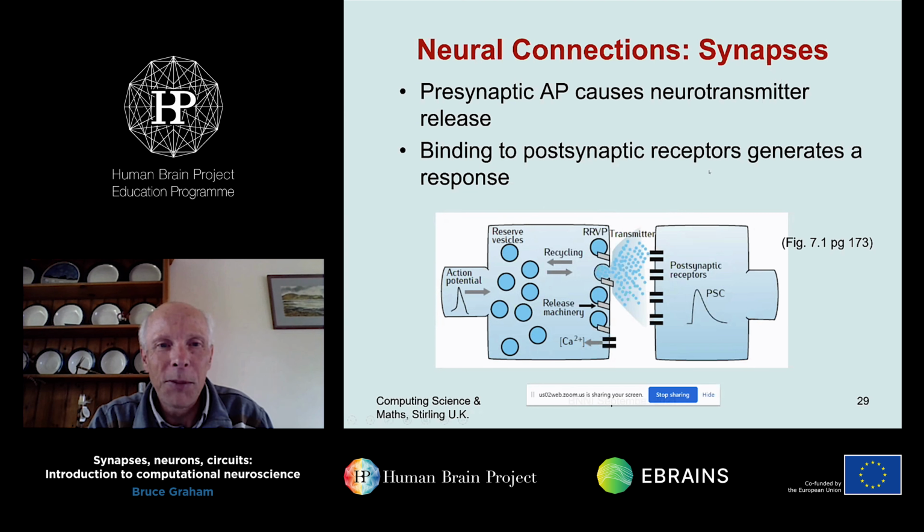I'm not going to talk about that today, though it's something I have been involved in personally over the years in modeling the details of synaptic transmission. But I'm going to introduce the most basic approach, where actually all we want to do is to model the postsynaptic current that results from the arrival of an action potential at the synapse.